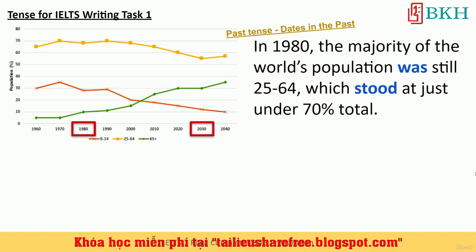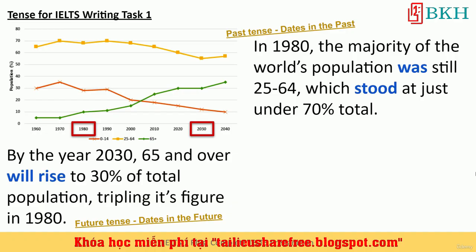But what if I'm reporting or discussing predicted dates in the future? Well, there's a couple of ways we can do this. First we have using the future tense. By the year 2030, 65 and over will rise to 30% of total population, tripling its figure in 1980. That last part, tripling its figure in 1980, a great bit of comparison.